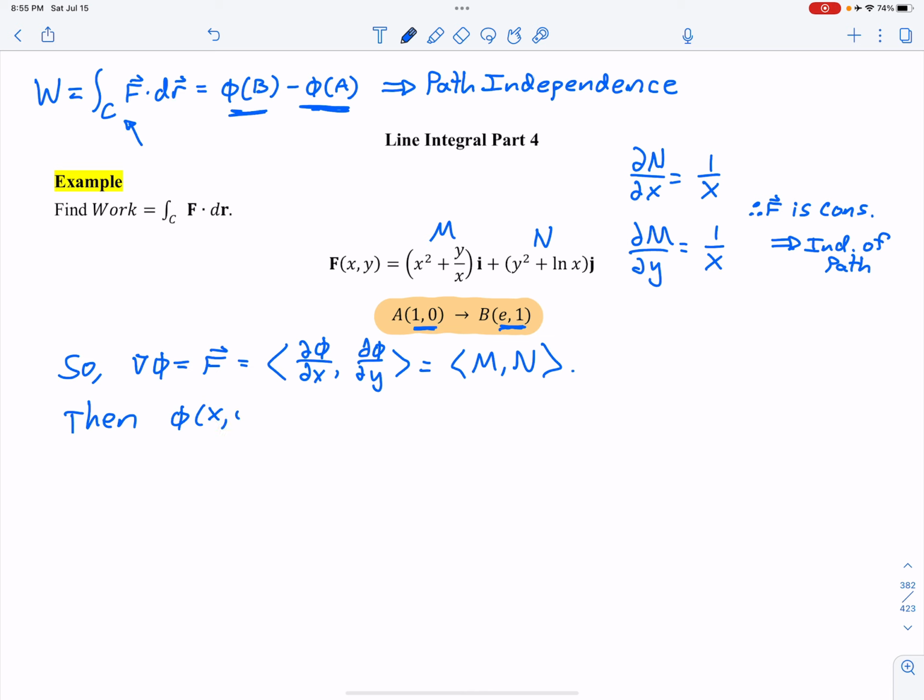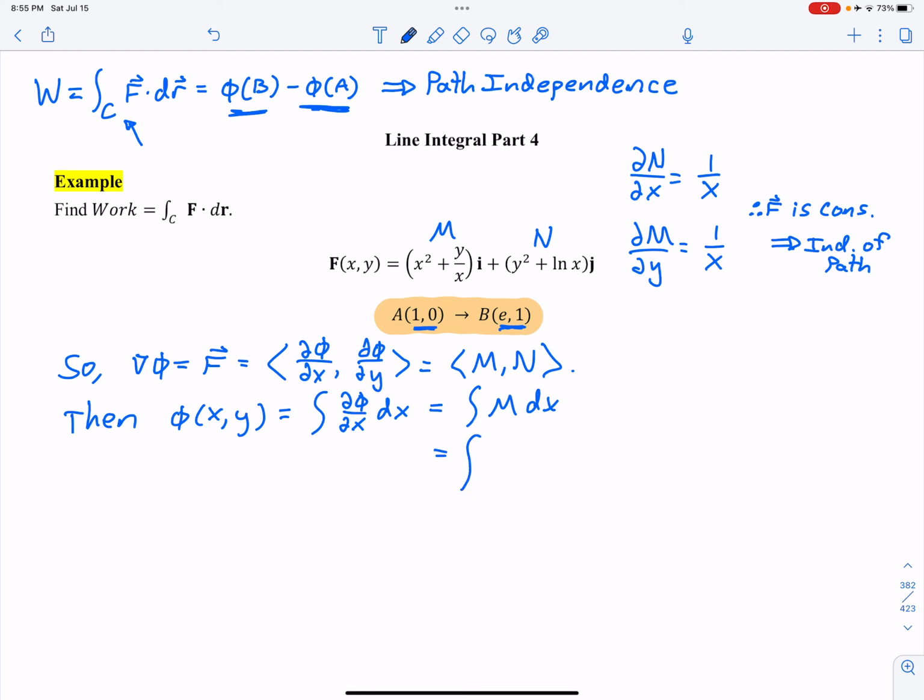That will just be the integral of the partial of phi with respect to x dx. This is just M dx.